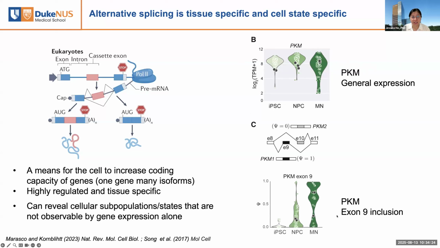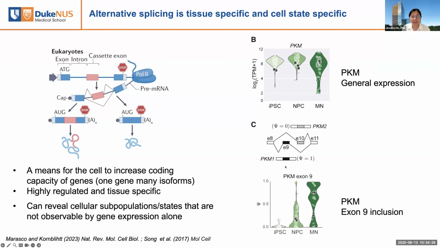However, if you start taking splicing into consideration, the picture looks a little bit different. So for instance, here they looked at exon 9 inclusion of PKM, and you can immediately appreciate the difference between these two plots.